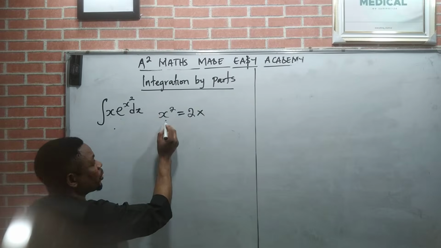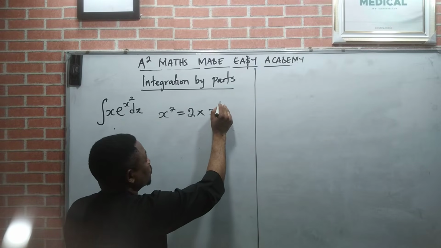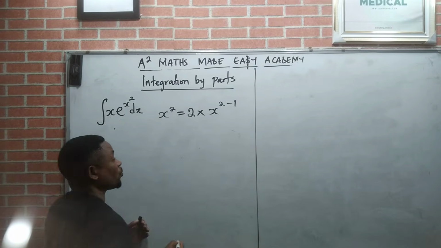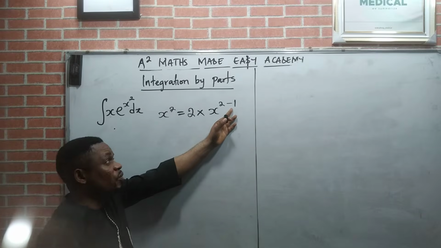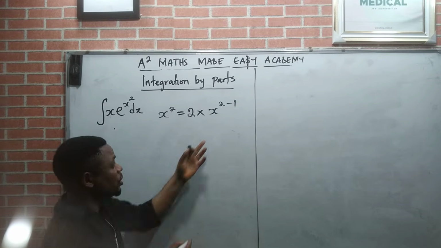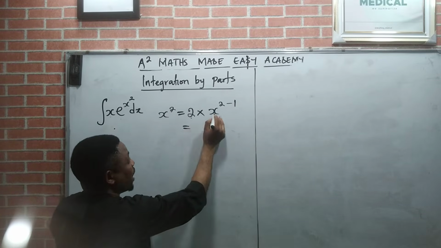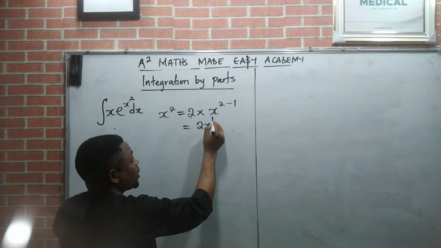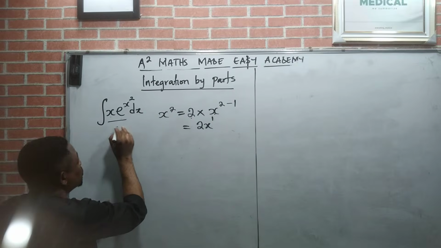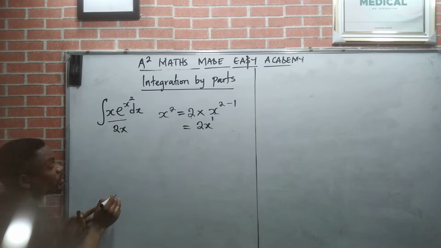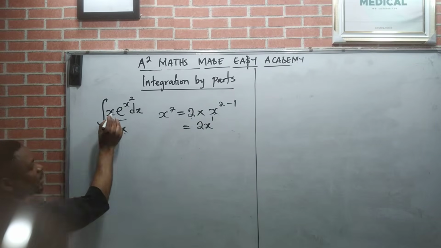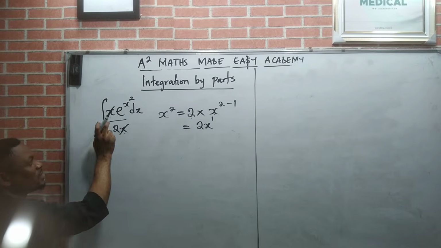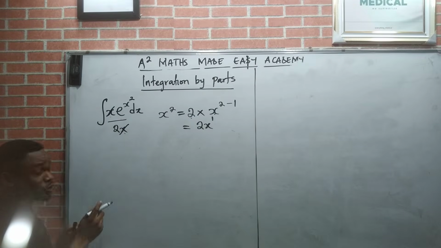Next, repeat the question: x raised to power 2, and introduce minus 1. This minus 1 is the formula for differentiation. Then 2 times x gives me 2x, all raised to power 2 minus 1, which is 1. Then you introduce that result at the denominator. Can you now see that the x down will cancel this particular x? This kind of problem is solved by the substitution method, which is in my previous video. That is how to identify it.